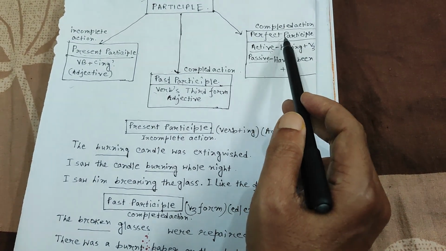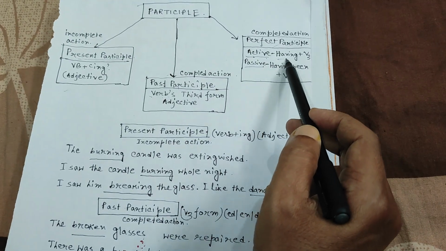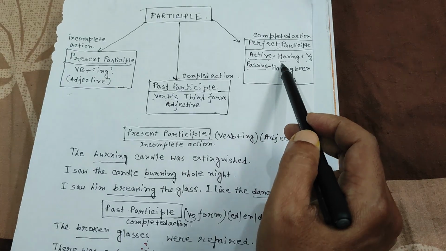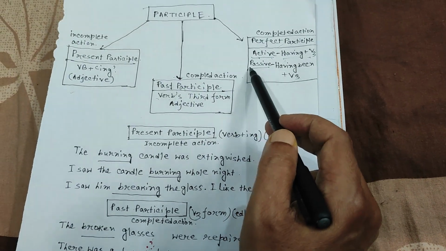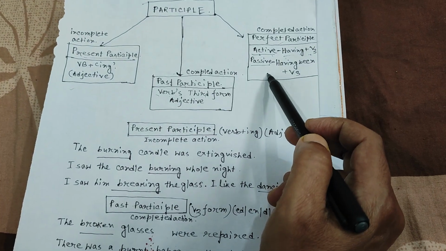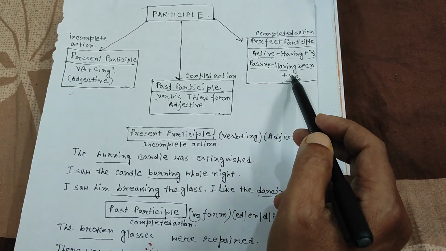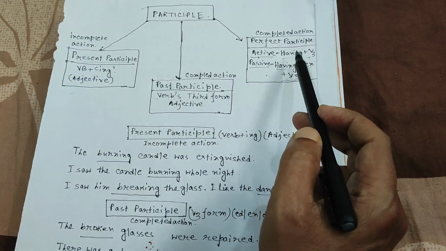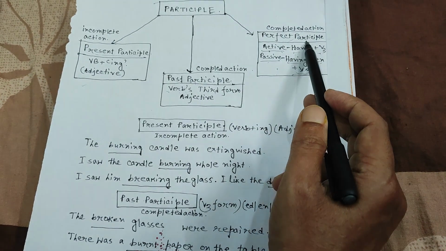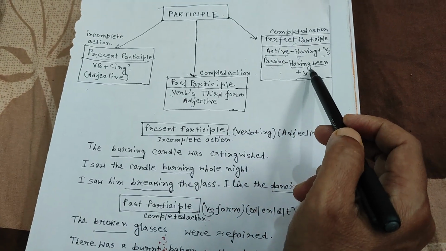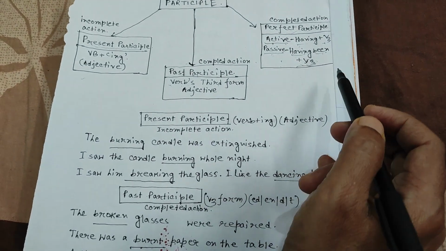The active form is formed by using having plus V3, the past participle, and the passive form is created by having been plus V3, the third form of the verb.